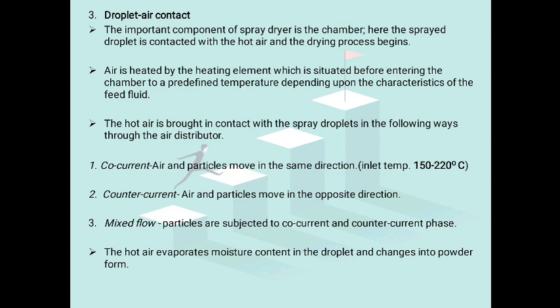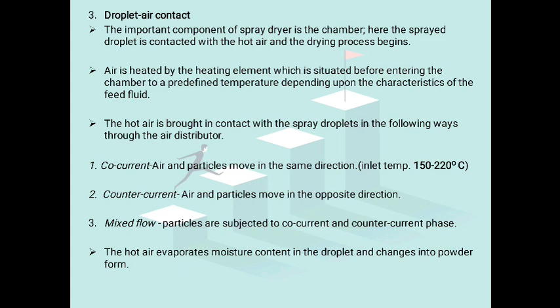Co-current air distribution system. In this system, the air and the particles move in the same direction with an inlet temperature of 150 to 220 degrees Celsius. Counter-current air distribution system. In this, the air and the particles move in opposite directions. Lastly, the mixed flow.